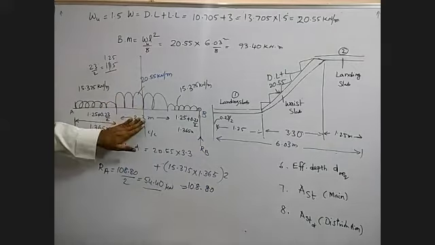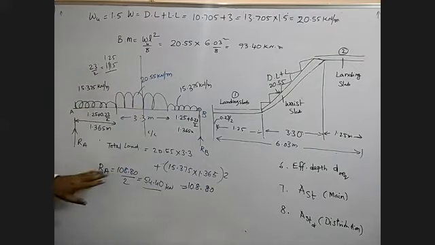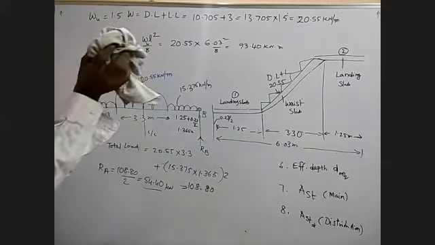Since it is symmetrically loaded, the reaction is half of the total load. Now we have to find out the bending moment at the center. Here we have to calculate the bending moment.